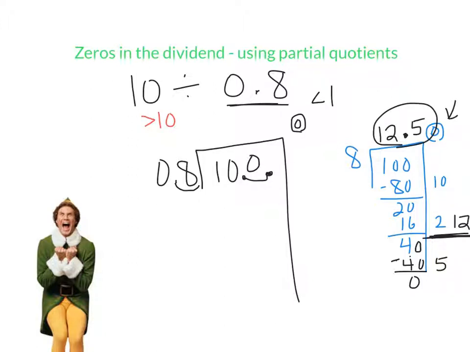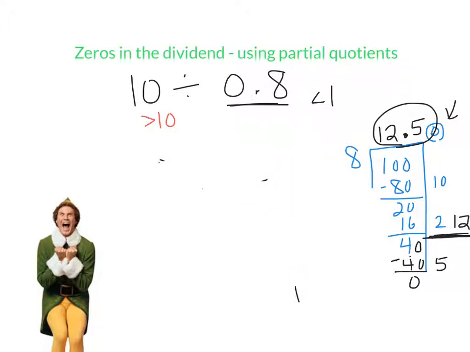I'm going to erase this part, and I'm going to put in the check. So the check would be, if I did the answer, 12.5 times 0.8, the original. Okay, we get 40, carry 4.